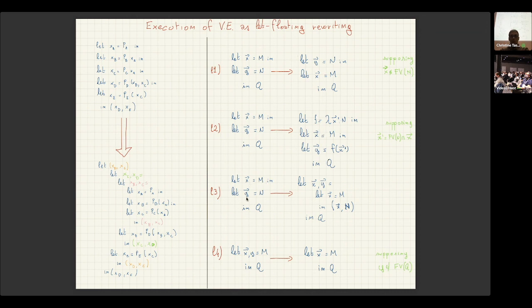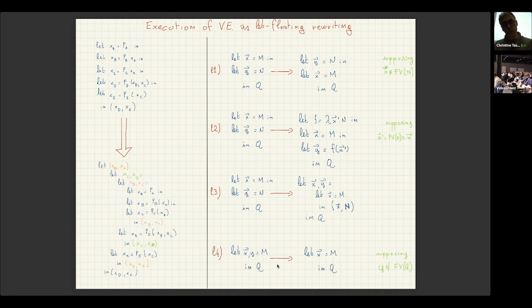And here we have the possibility of putting together two let definitions, making factors increasing. And here we have the rule eliminating a variable that is not used in the in expression. So this is the one that is implementing the elimination of the variables. This is used just locally in M and not in Q.